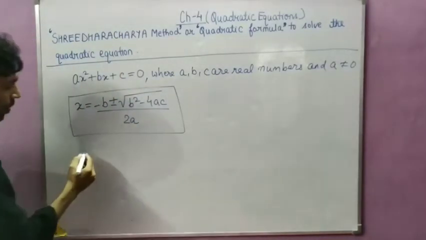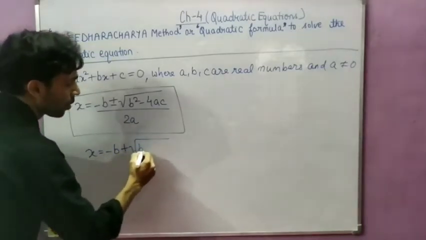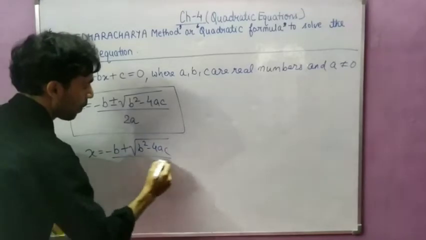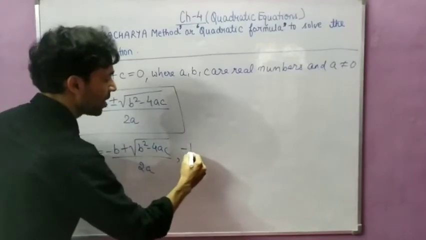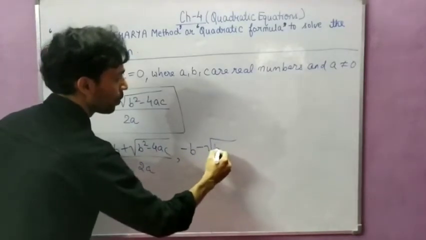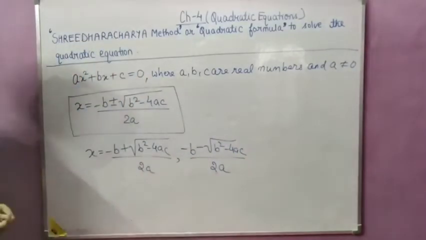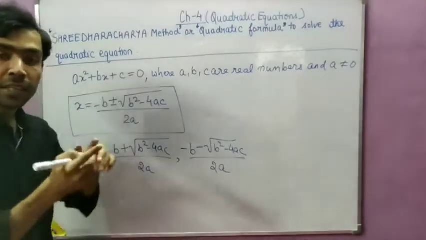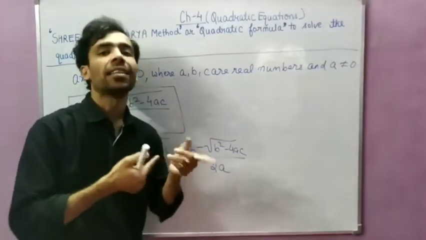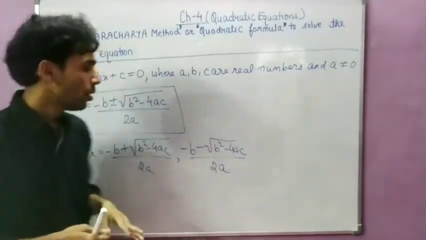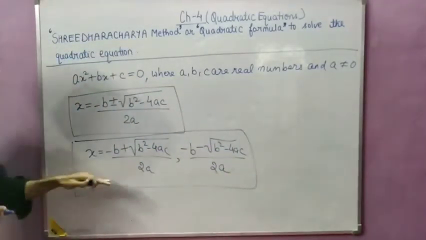The first value will be x equal to minus b plus under root b square minus 4ac upon 2a, and the second value will be minus b minus under root b square minus 4ac upon 2a, because here is plus minus. In the previous part I also told you, whenever you get plus and minus, first you solve for plus and then you solve for minus. So these are the two values of x which can be calculated by this formula.